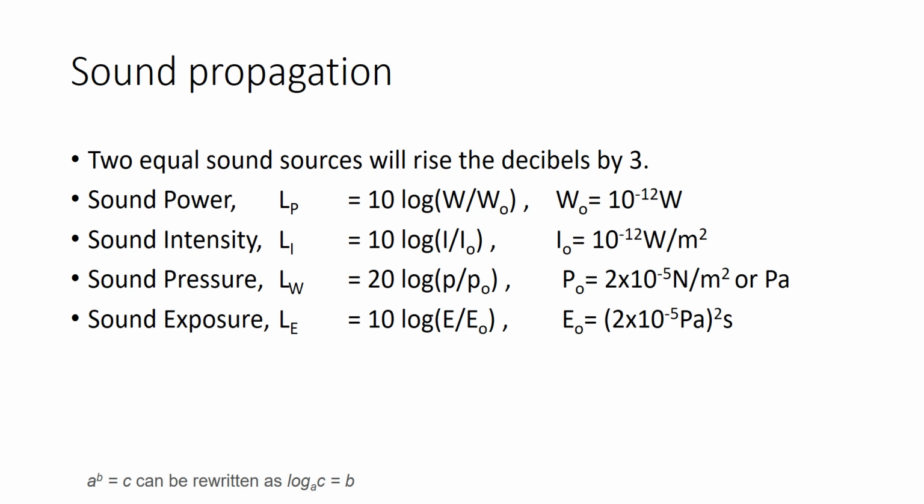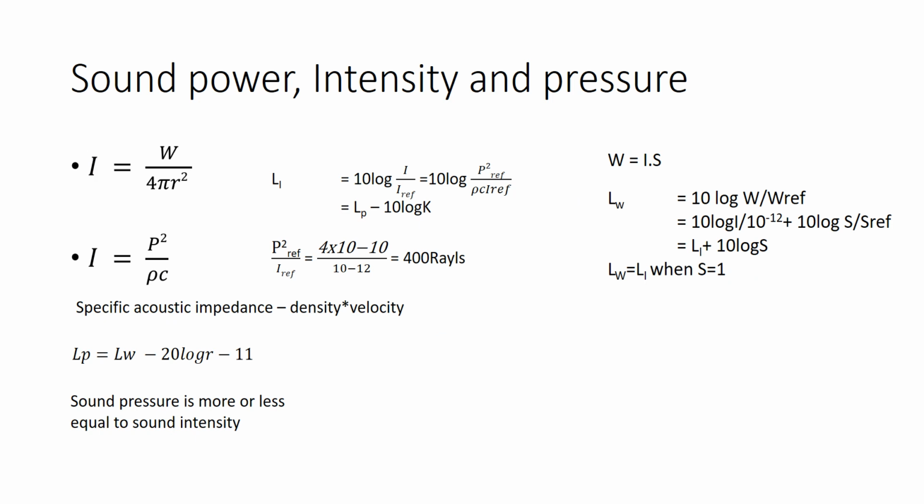And majorly when we look into the relationships between all these things, one interesting relationship is between the sound intensity and power. So for a given power of sound, what will be its intensity? Imagine it's an omnidirectional source.